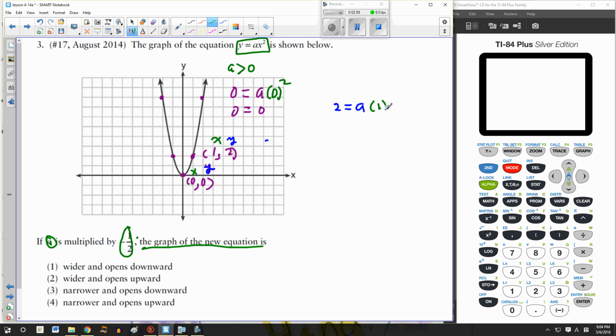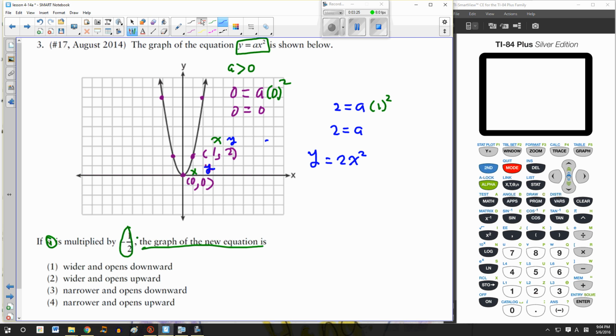So 1 squared is 1, and 2 equals a. So a is 2, and we found the quadratic function: y equals 2x squared.